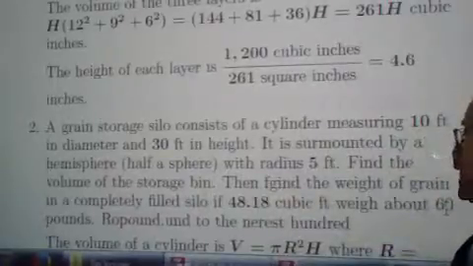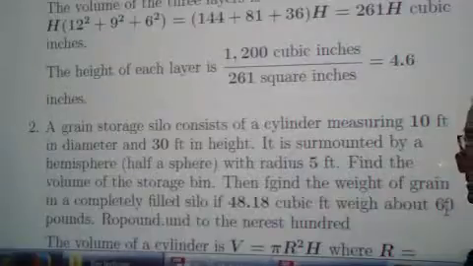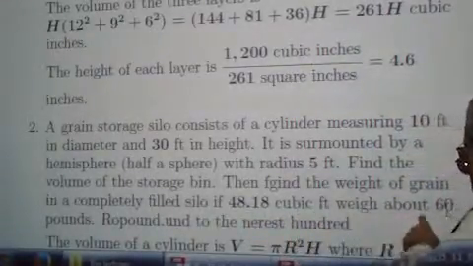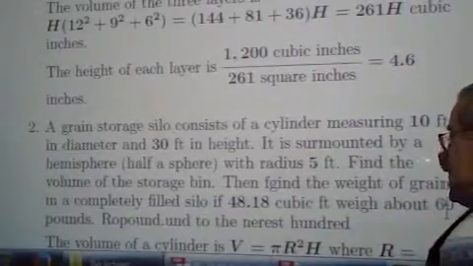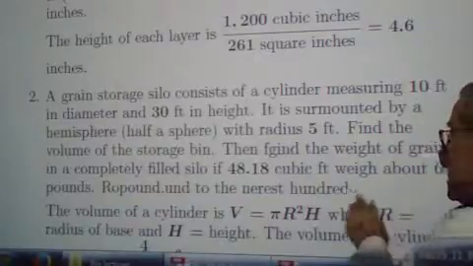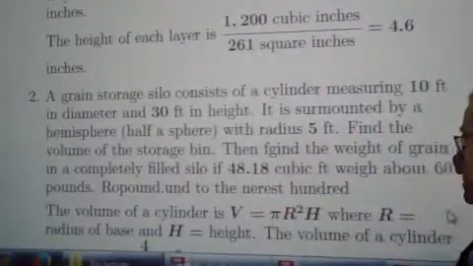Then find the weight of the grain in a completely filled silo if you have 48.18 cubic feet per 60 pounds. So 60 pounds of grain take up about 48.18 cubic feet of space.